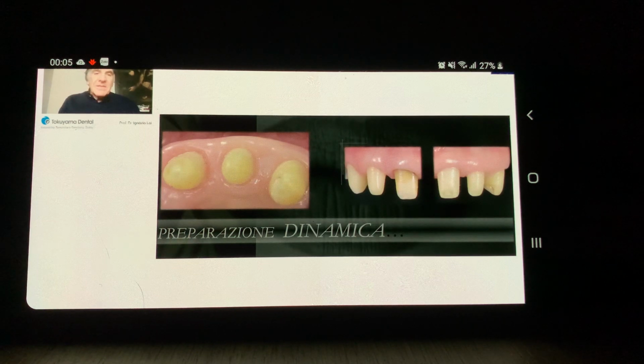What is completely different is the vertical preparation, which I consider as a dynamic preparation, because there are no lines. Since the line is transferred to the tooth, it can be changed at different levels.